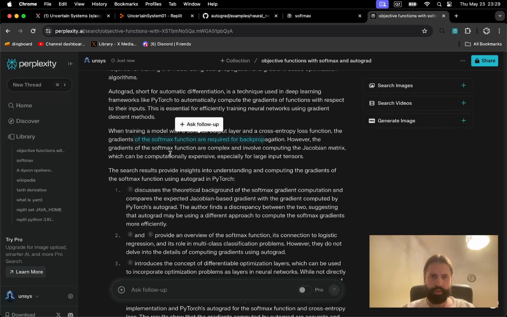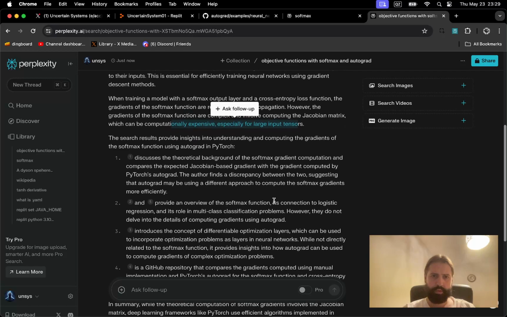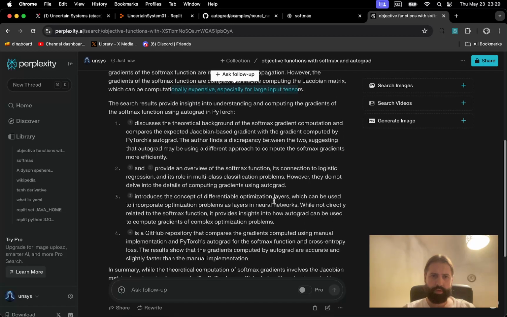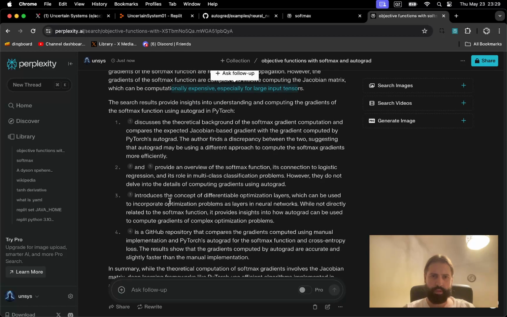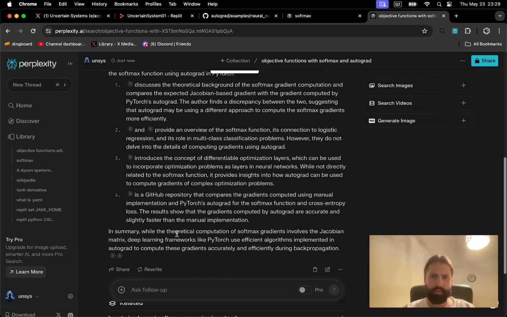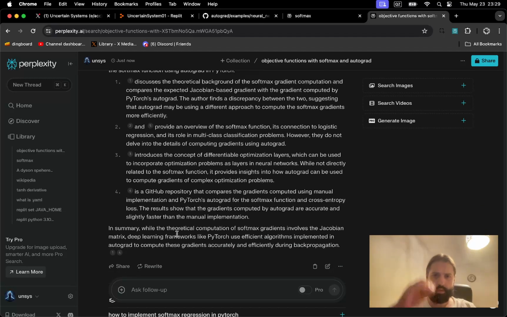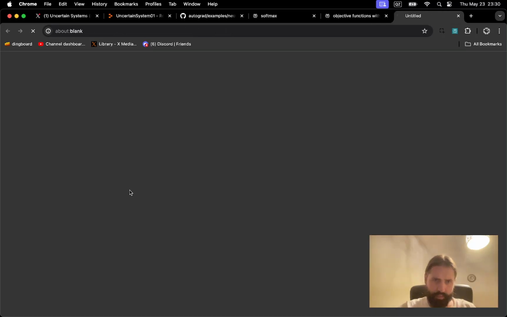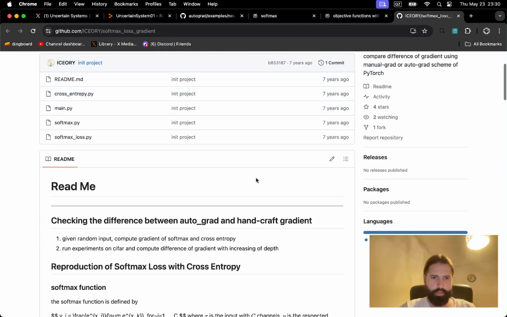However, it says some functions are complex and involve computing the Jacobian matrix, which is expensive. Really?